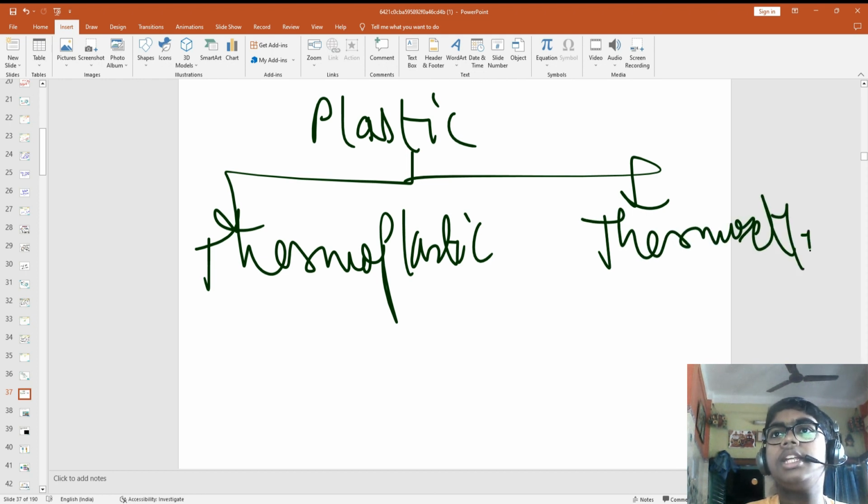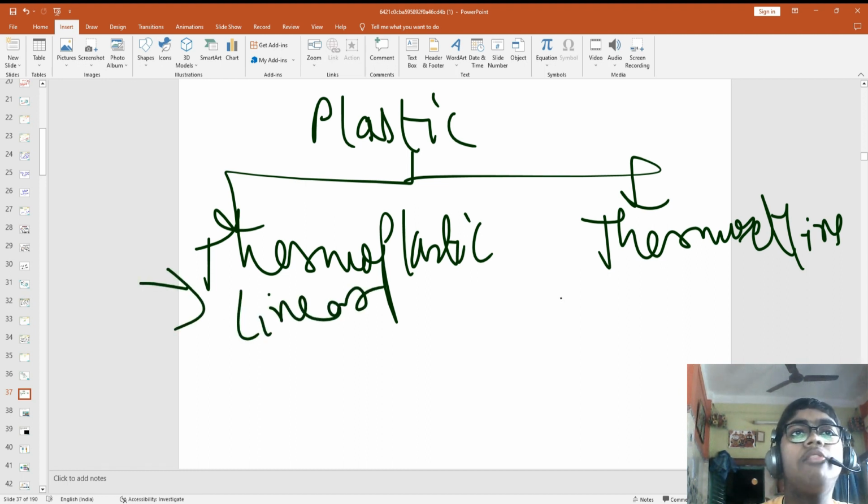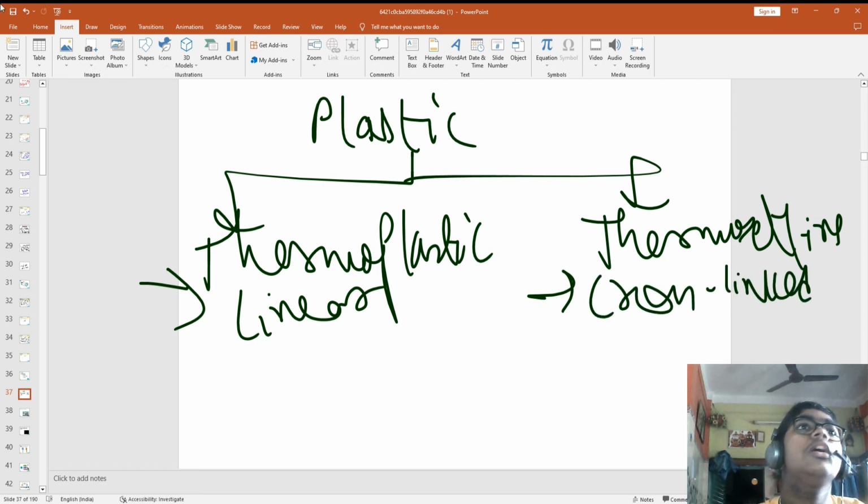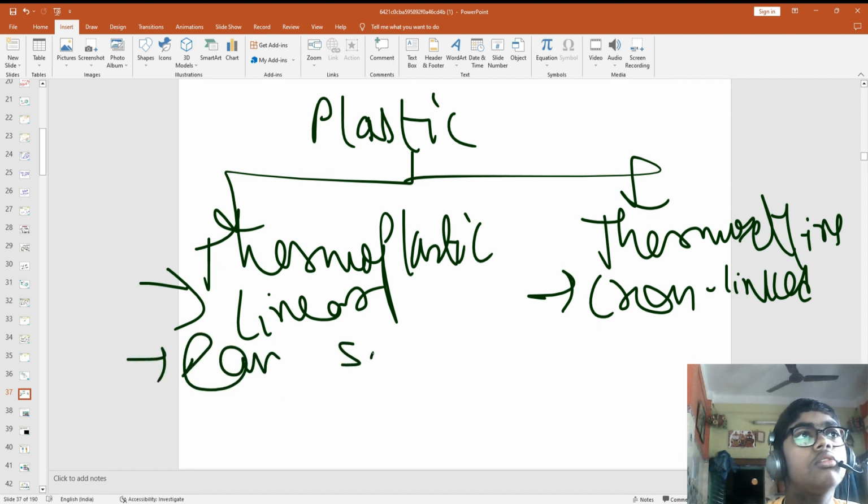I'm giving it in a different manner. Thermoplastic is linear linked, whereas thermosetting plastic is cross linked. Now, this can be soft on heating.